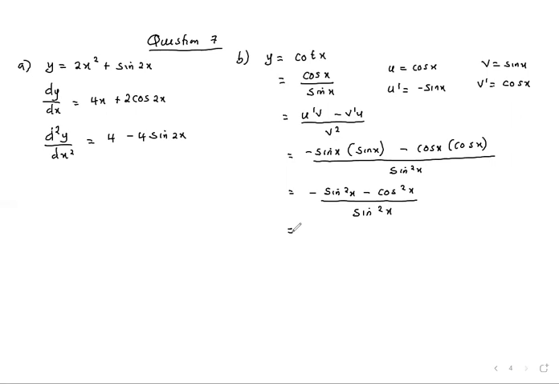So we get negative sine squared x plus cos squared x over sine squared x. So funny. So I have negative 1 over sine squared, meaning that the first derivative is negative cosec squared x.